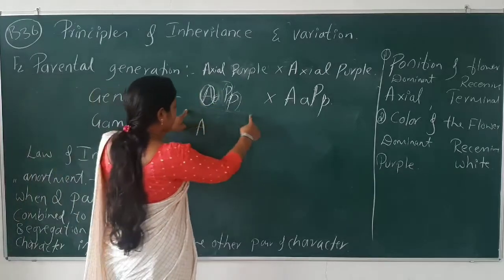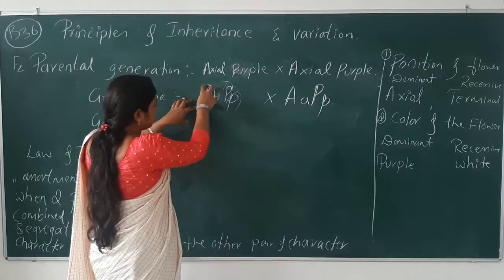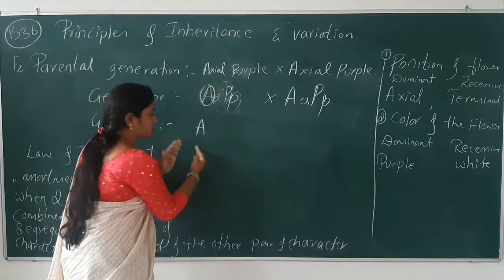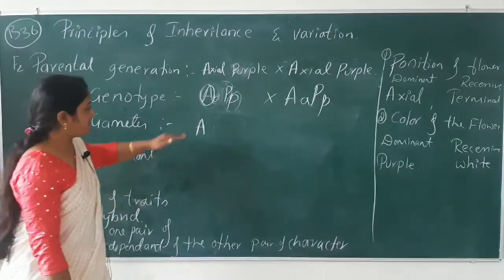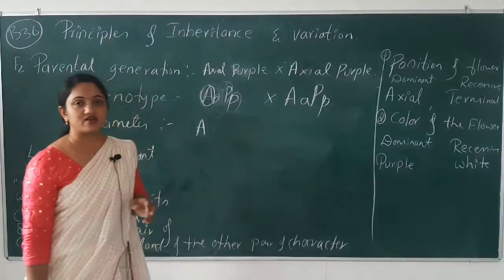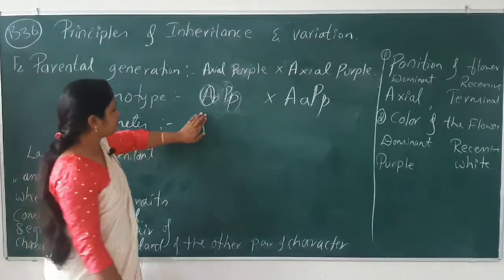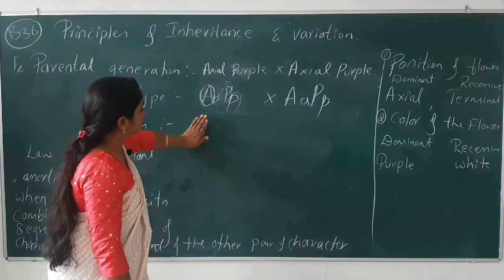and meantime this gene independently assorts itself at the time of gamete formation. So, how does it assort itself?